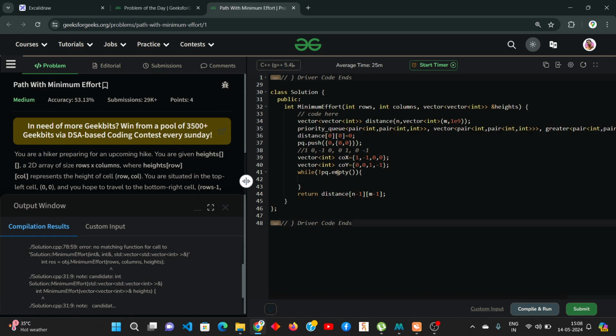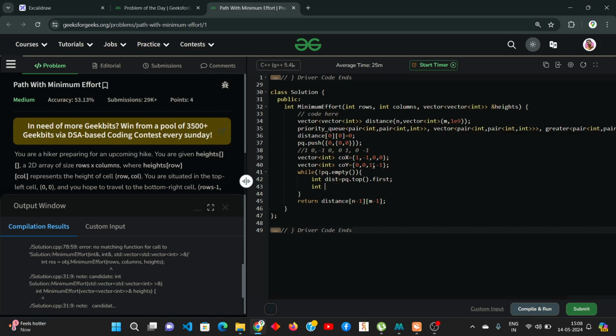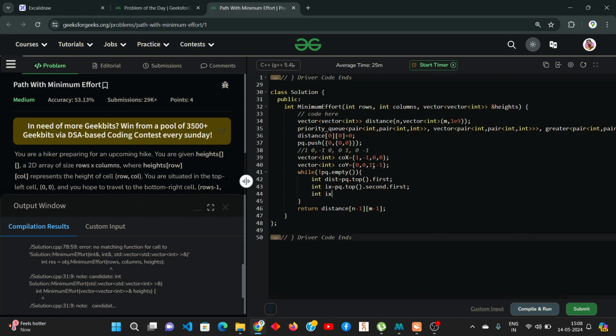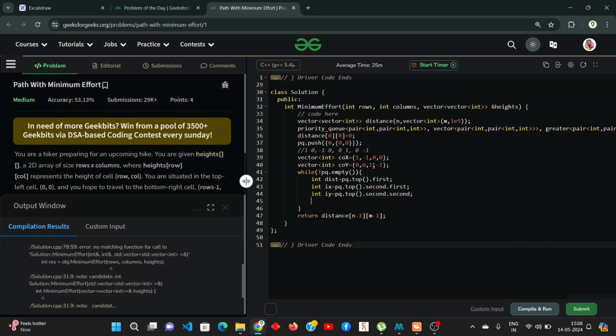So basically, first of all, we have to get the previous distance, that will be PQ top first, because this is dedicated for the weight, and this is for the ix position, basically the i position, and that is PQ dot top dot second dot first, and this is for iy, PQ dot top dot second dot second, right?